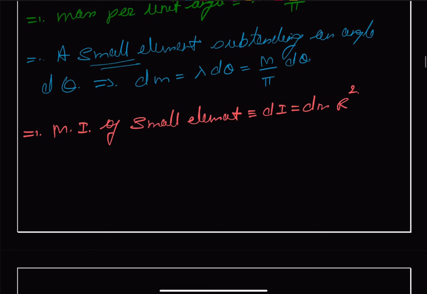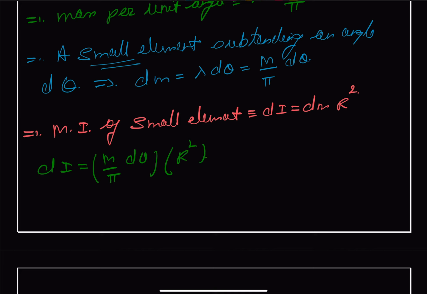So we substitute our dm and we get that our dI will be equal to M by pi, and this comes as d theta multiplied by R square.